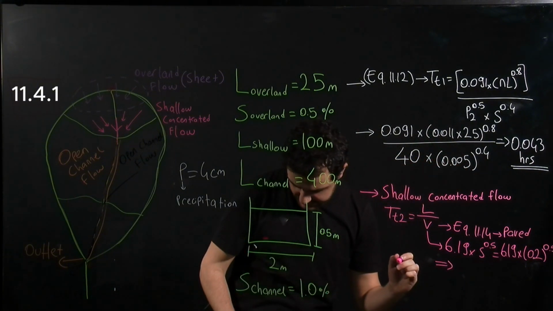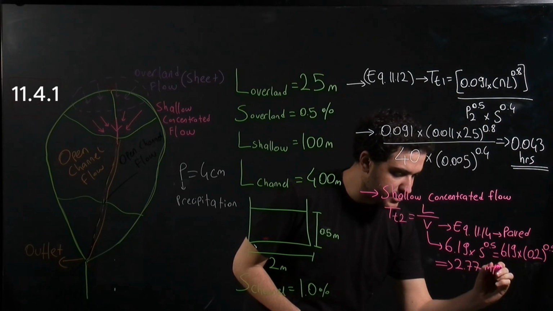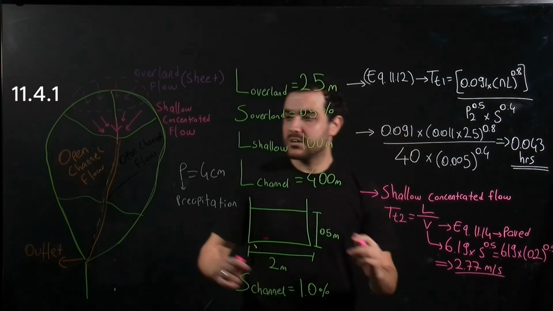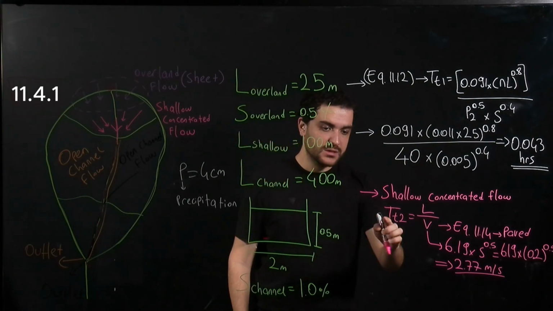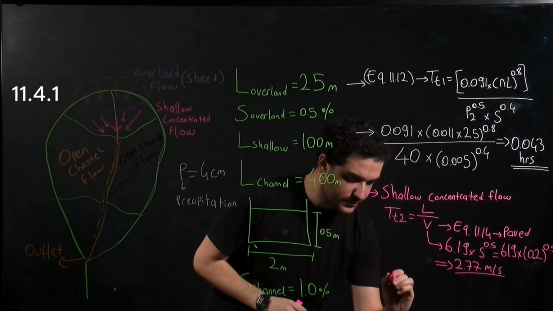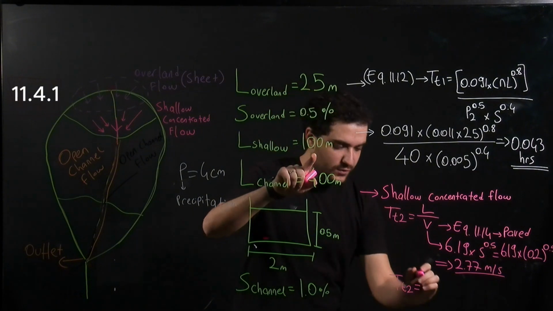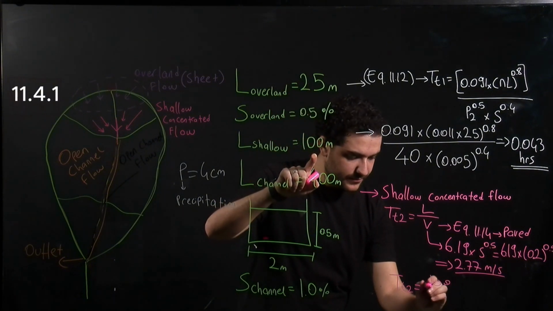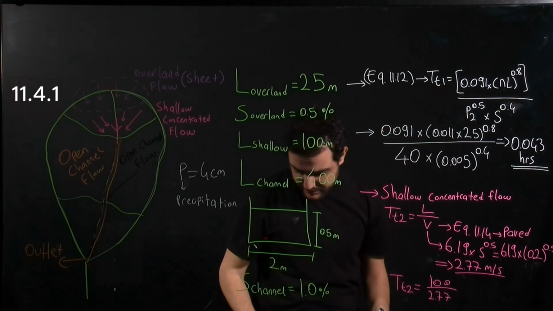And this gives 2.77 meters per second velocity in this shallow concentrated flow. So to find the travel time, the length is 100 meters and we have 2.77 meters per second.